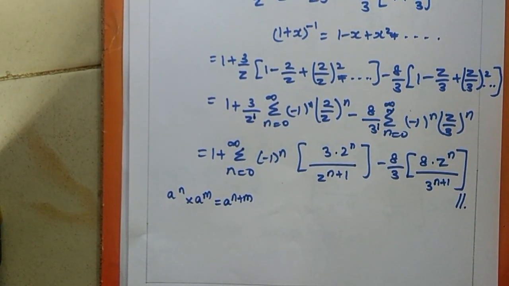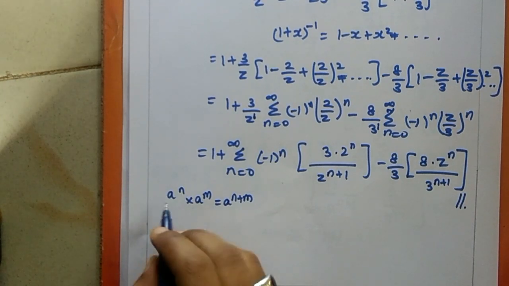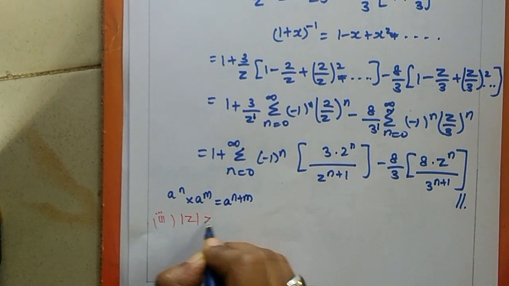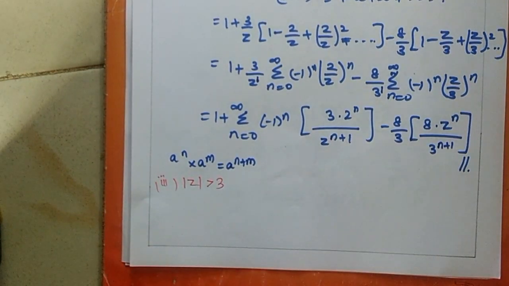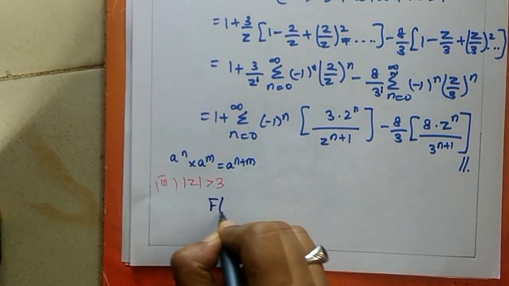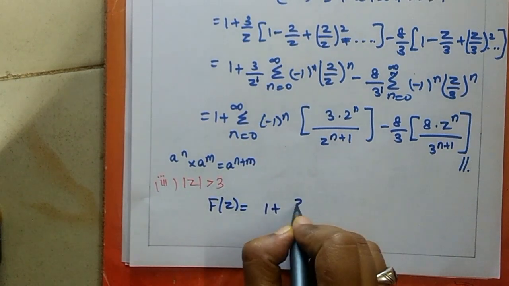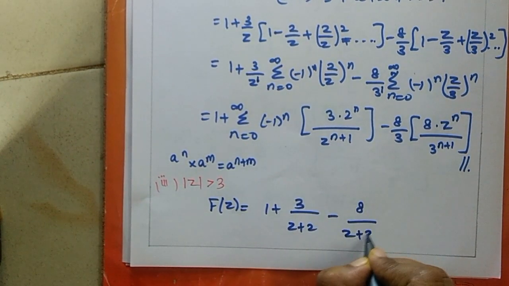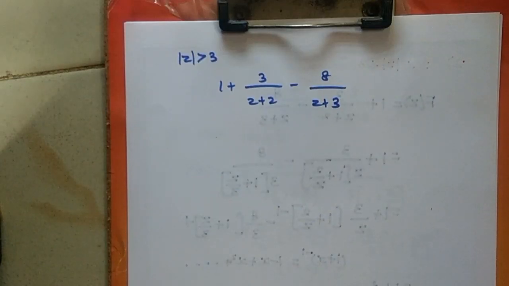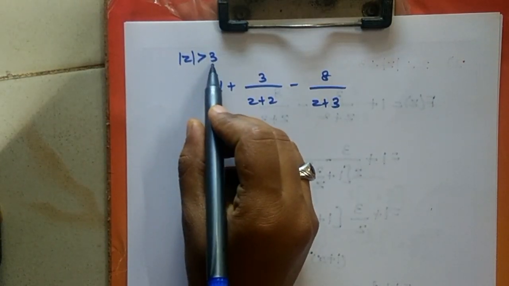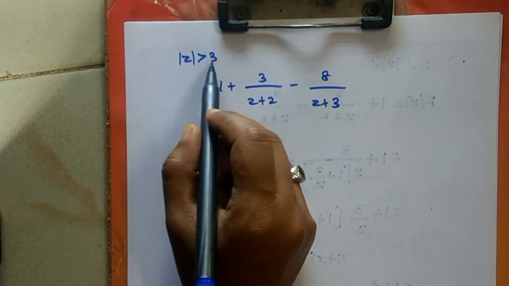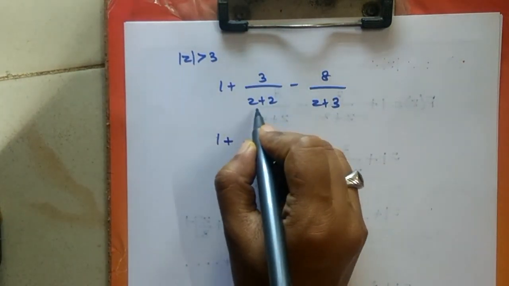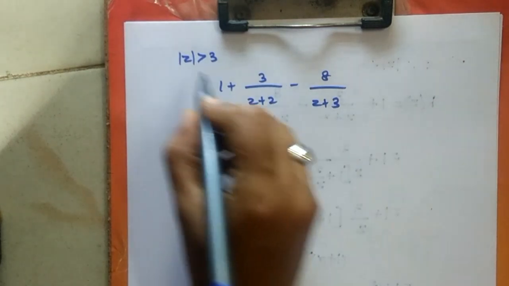The third condition is mod z greater than 3. We take f of z equal to 1 plus 3 by z plus 2 minus 8 by z plus 3. Mod z greater than 3 means z is greater than 3. So we take common 3 divided by, here we have z plus 2.